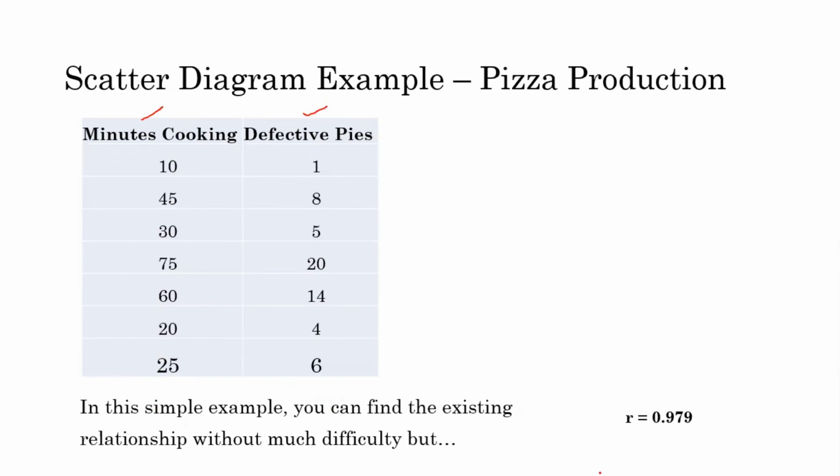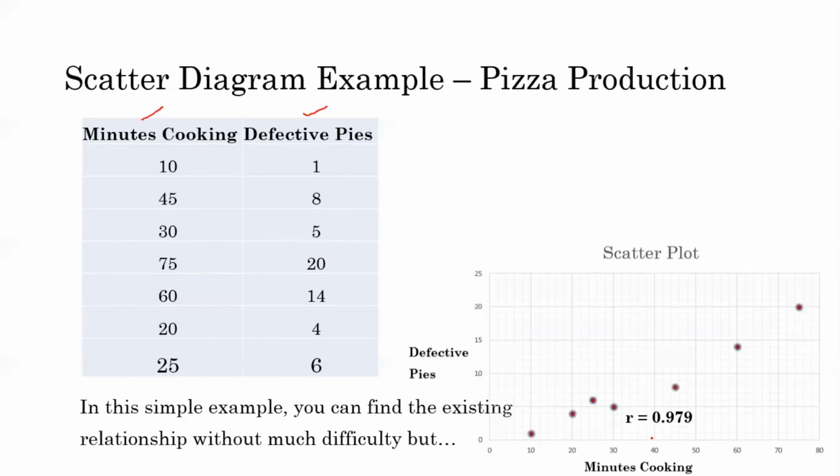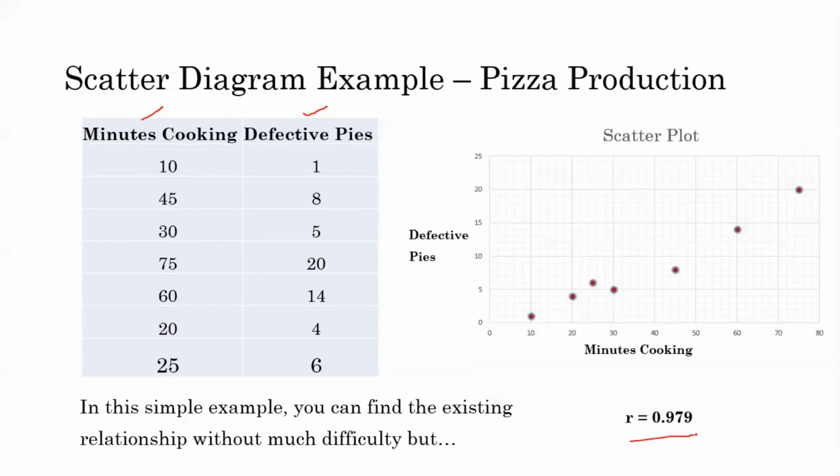You could use that formula, and the correlation value that you'd obtain is 0.979. As you said, if the value is usually between 0.8 and 1, then we say it is strong.